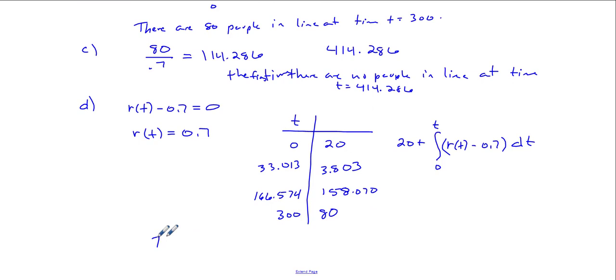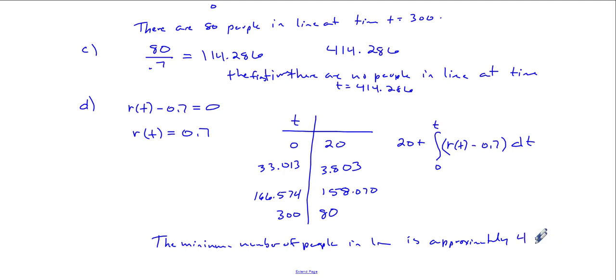The minimum number of people in line is approximately 4 people at time t equal 33.013 seconds.